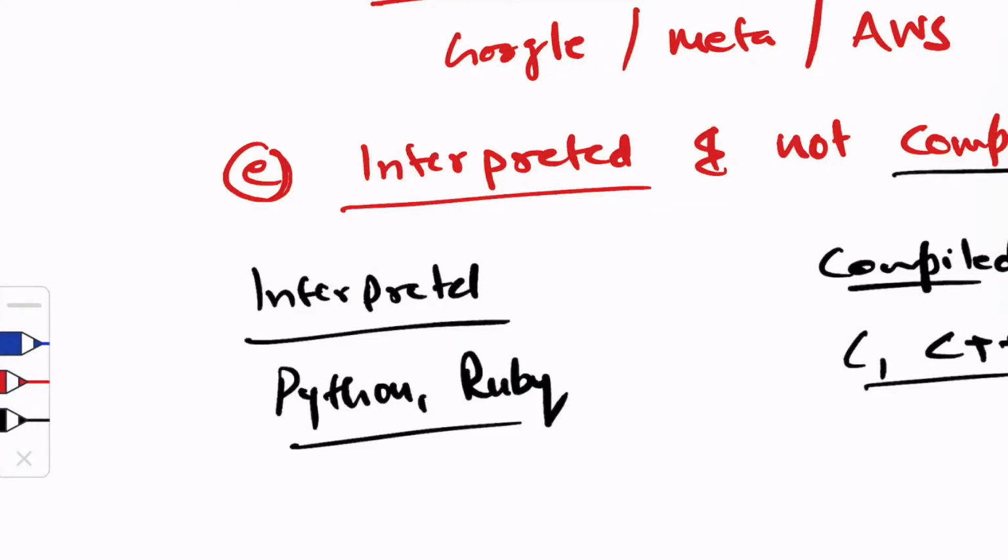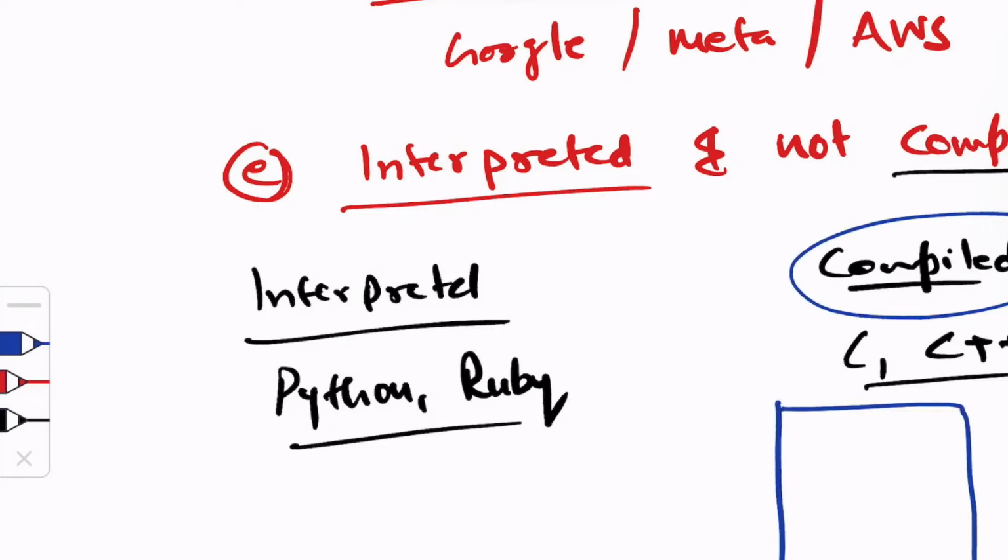Okay. Compiled languages are something which scans the whole code. Let's say you have written a piece of code over here. It will scan the entire piece of code in one go. What it will do, it will scan the entire code, and then if there is any syntactic error or any error over there, it will throw it at the time of compilation.